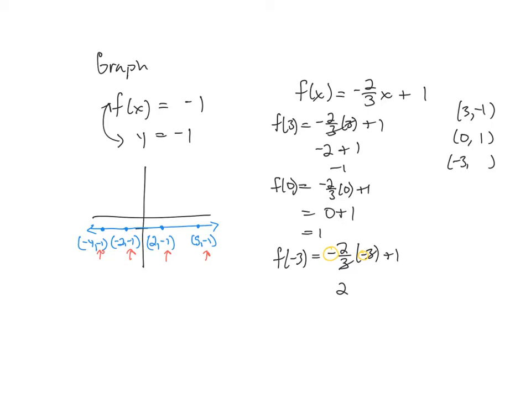The 3's reduce and go away, but I still have negative, negative, positive. Okay, so I go to graph it: (3, -1), (0, 1), and (-3, 3).